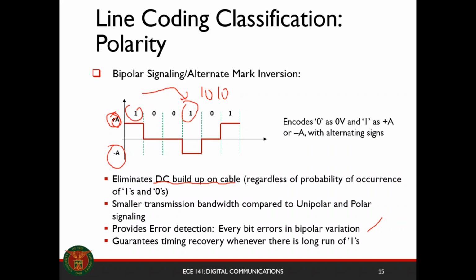It also guarantees timing recovery. So if there is a long run of ones, let's say just 1 1 1 1, that means the signal becomes kind of like a clock. Okay? So it alternates between 2 states always if you have a string of ones.